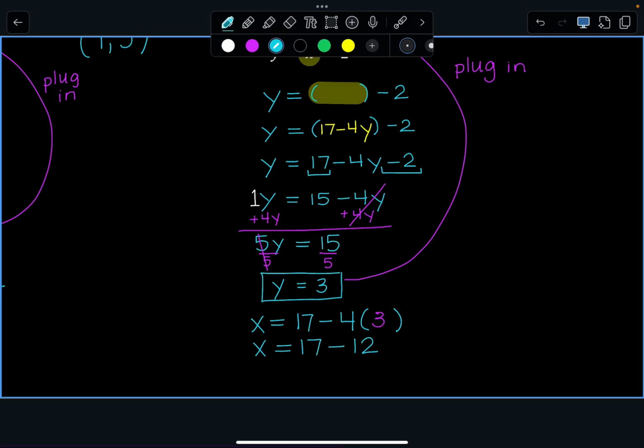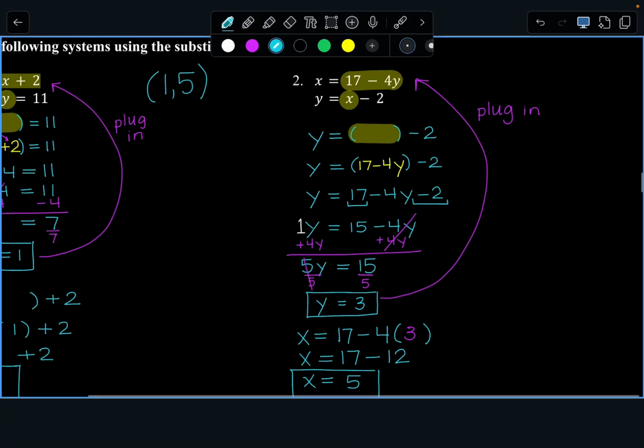Remember, we have to do multiplication first before we can do addition or subtraction. So x is equal to 5. Our final answer as an ordered pair, x comma y, so that's 5 comma 3.